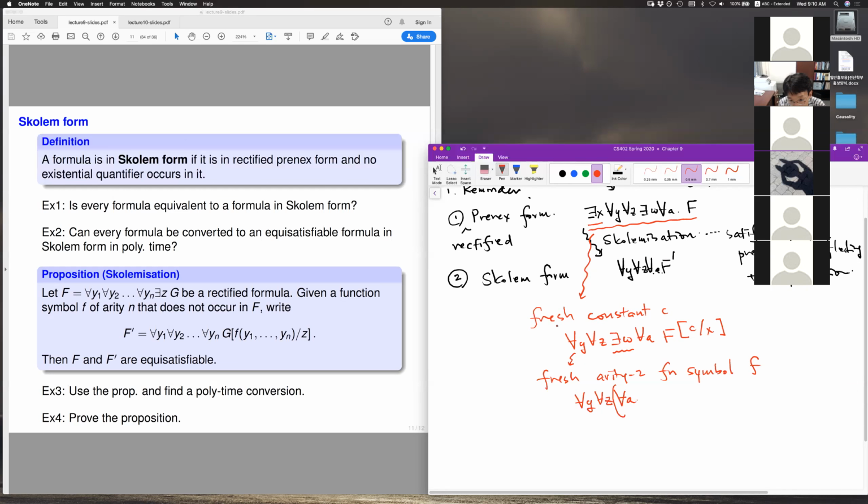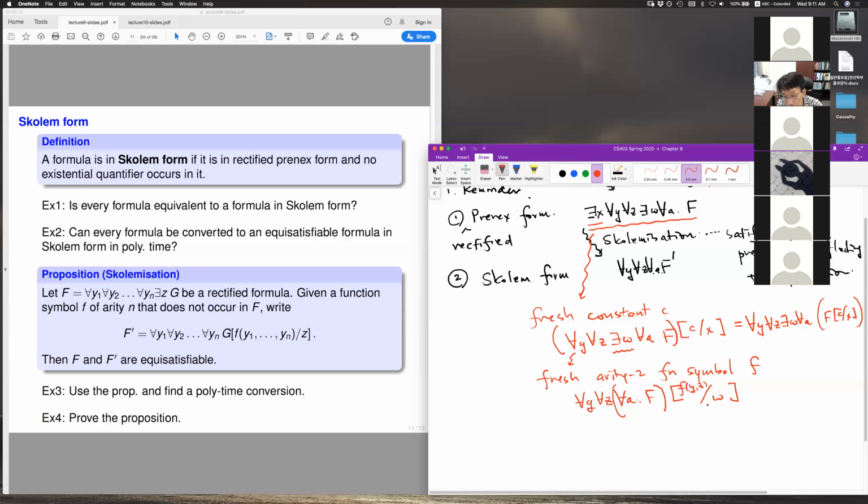The proposition says that this and the original one are equisatisfiable, where c is fresh and this is rectified. This substitution is the same as for y, z, w, a, where in F we replace x by c. And the same thing here: for this formula, we replace w by f applied to y and z.